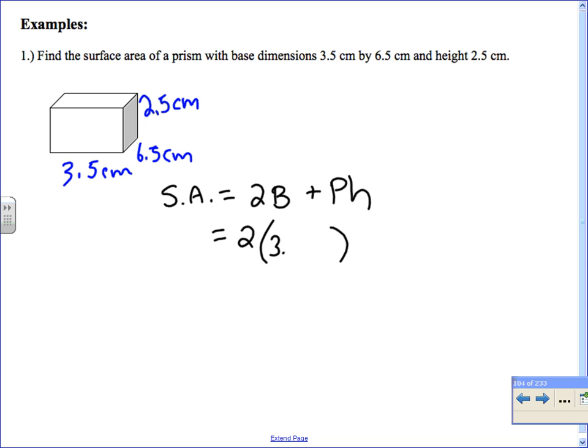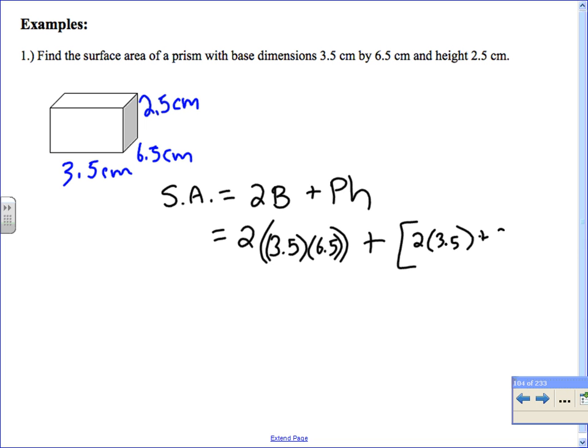I know I have a bunch of parentheses there. Okay, plus, how do we find the perimeter of the base? Adam, how do we find the perimeter of the base? Perimeter. Okay, good. So 2 times 3.5 plus 2 times 6.5.